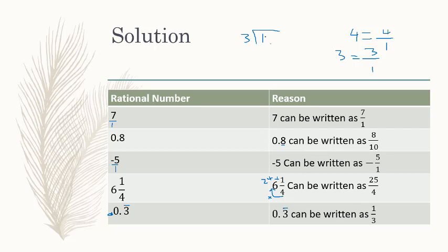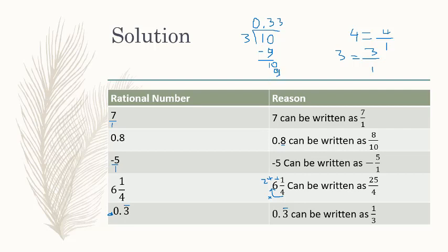How many times is 3 in 1? 0 times. Then I put a 0 here. I put a dot and I put a 0. Then how many times is 3 in 10? 3 times. 3 times 3 is 9. And then I say 10 minus 9 is 1. A 0 again. 3 again. 3 times 3 is 9.